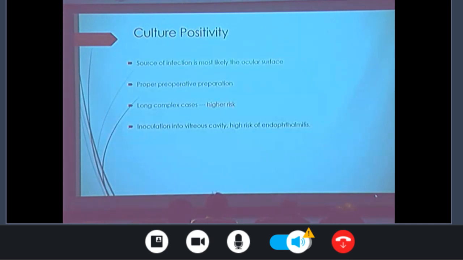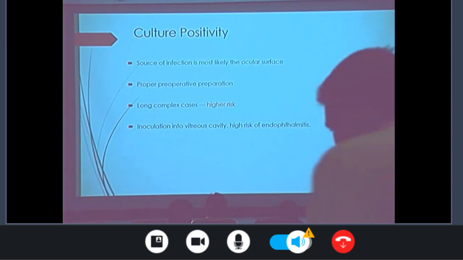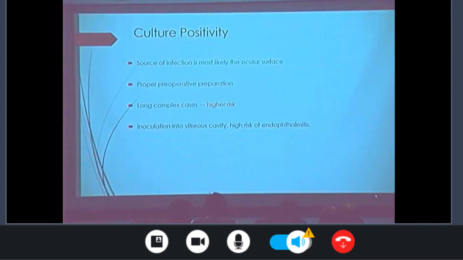However, the source of infection is most likely the ocular surface, and we have to take this into account in the next slide that I will show you because of the organisms that grow. This is why proper preoperative preparation and placing of povidone in the fornix will help reduce the bacterial load. Longer cases carry an elevated risk due to longer exposure time and the possibility of inoculating other microorganisms into the eye.